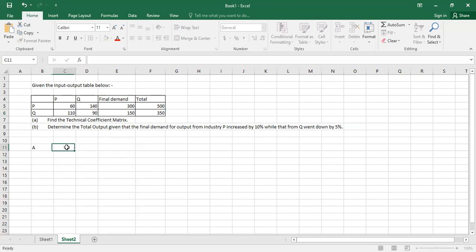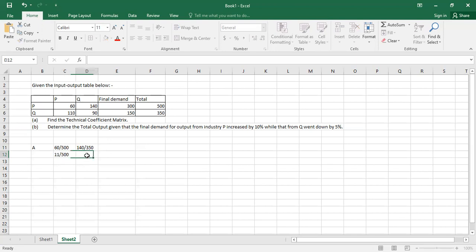So our A will be 60 over 500. Then the second one is 140 over 350. Then the third one is 110 over 500.